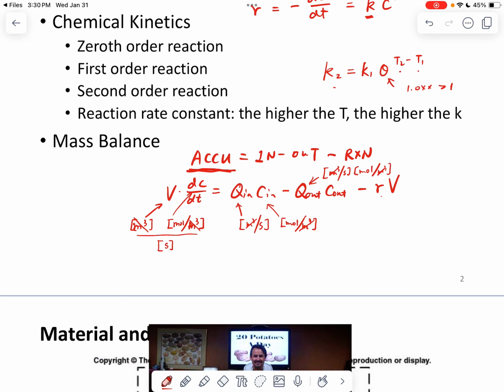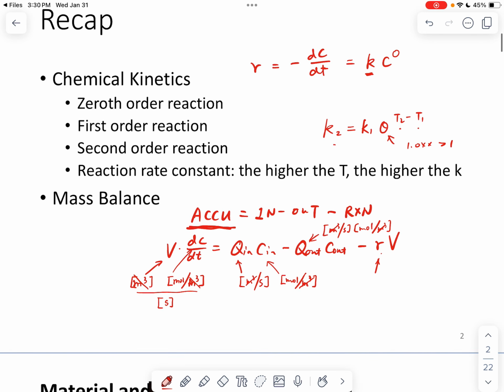And finally, the reaction term. What we introduced here is dC/dt, so it's mole per meter cubed per second, multiplied by meter cubed. These two meter cubed cancel out, and that's going to be mole per second. So on both sides, the units are consistent, which is mole per second.